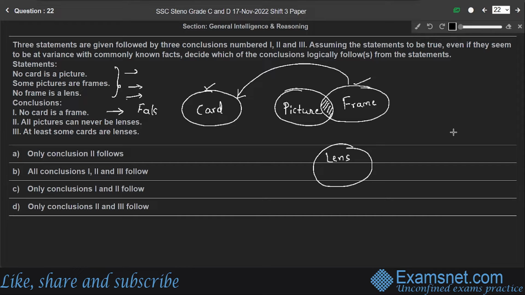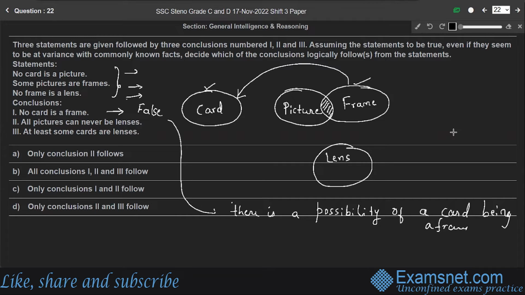The reason is there is a possibility of a card being a frame.